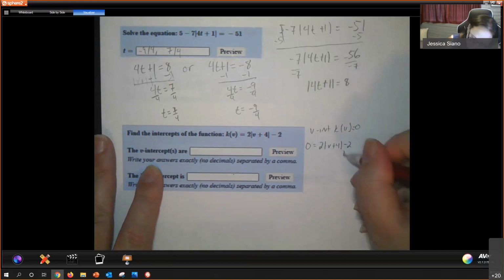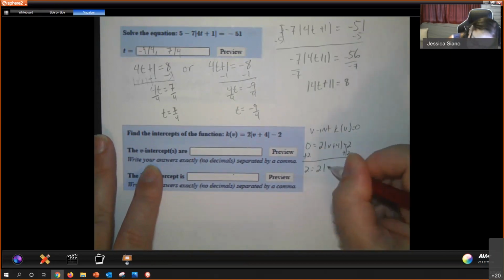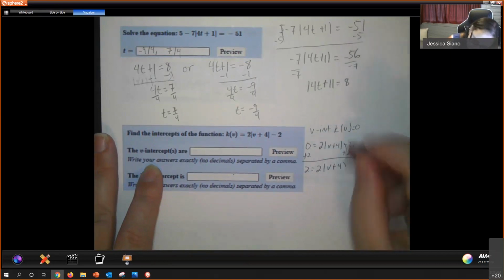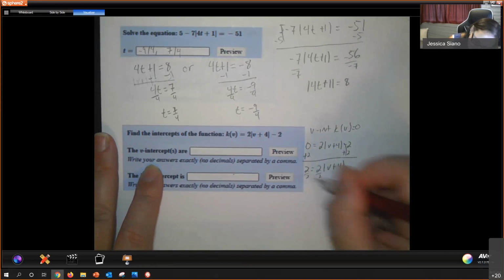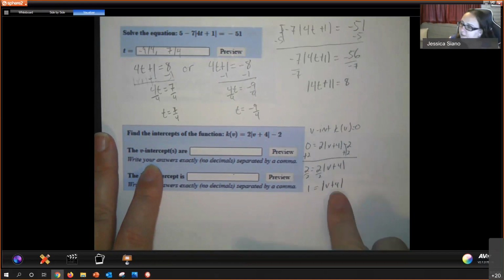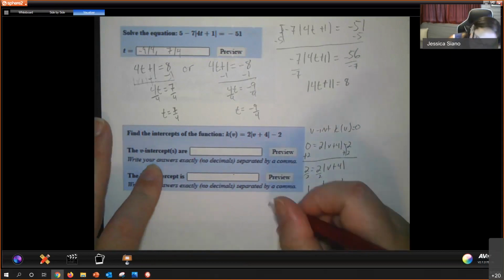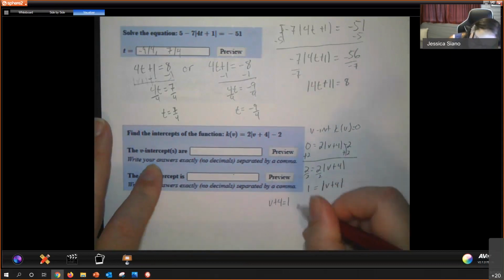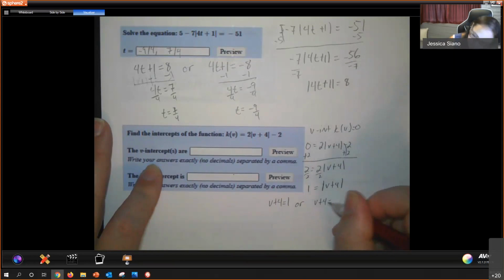And then we add the 2, and then we divide by the 2. Now again, here, if the absolute value of v plus 4 equals 1, then either v plus 4 could be 1 or v plus 4 could be -1, because the absolute value of 1 is 1 and the absolute value of -1 is 1.